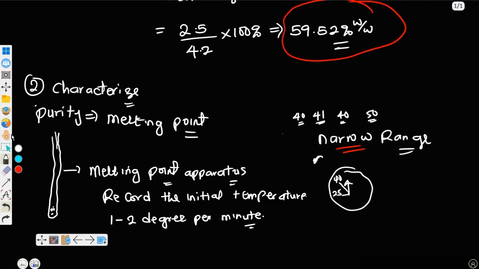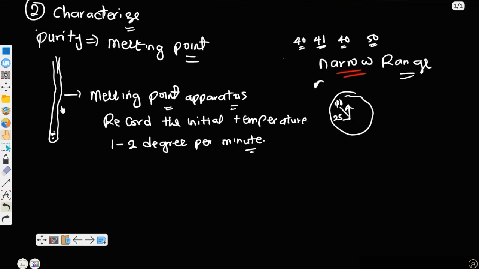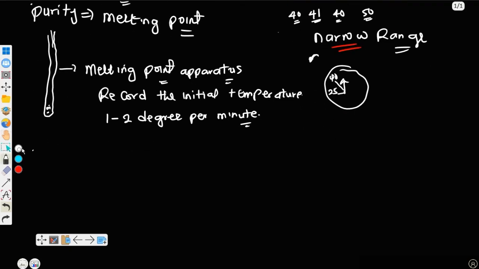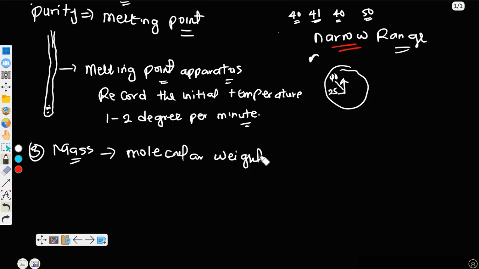Now, when we usually talk about characterization, we go beyond melting point. After melting point, the next thing you may do to characterize this compound is mass spec. You can take it to the mass spectrometer. The mass spec will tell you the molar mass of the compound, the molecular weight, and the fragmentation pattern of that compound.